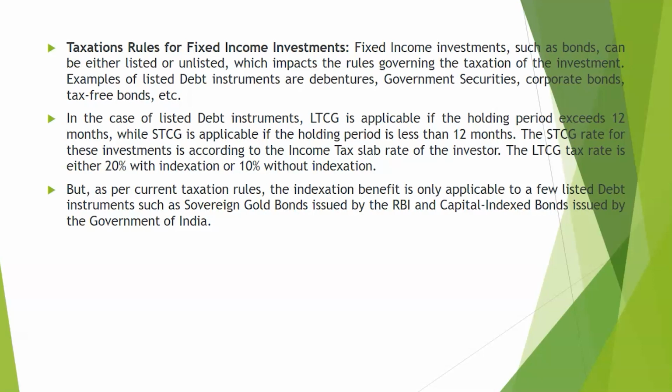The LTCG rate is either 20% with indexation or 10% without indexation. But as per current taxation rules, the indexation benefit is only applicable to a few listed debt instruments such as sovereign gold bonds issued by the RBI and capital index bonds issued by the Government of India.